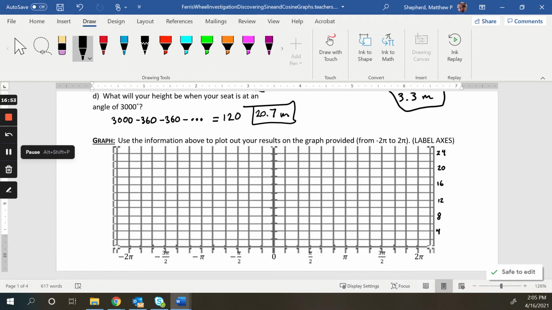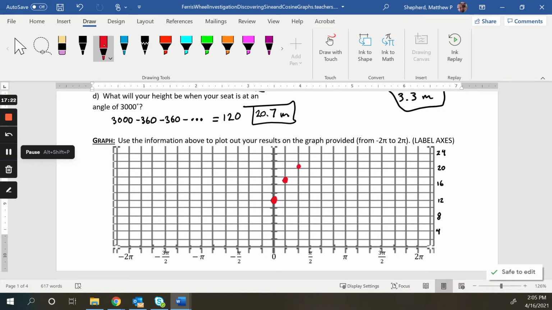All right, so let's start out at 0. At 0 degrees, we were up at 12. So that'll be my first dot. Then at pi over 6, we were up at 17. And then at pi thirds, we were up at 20.7.